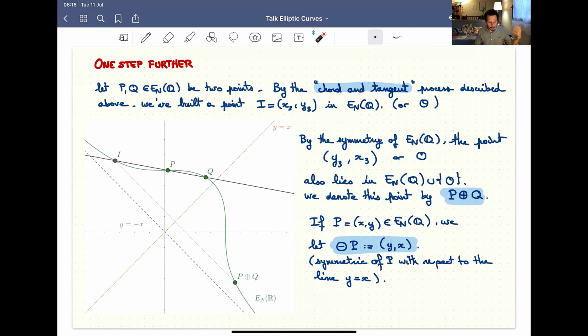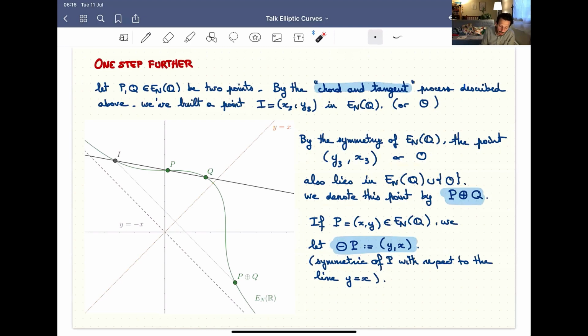So the process that we use to create new solutions is called the chord and tangent process. And what we did was build a point I, which was either in the set E and Q, so an actual point x, y with rational coordinates, or this virtual point at infinity, which we call O.